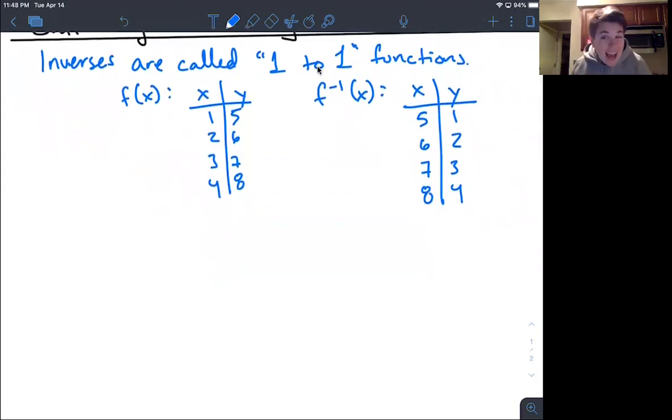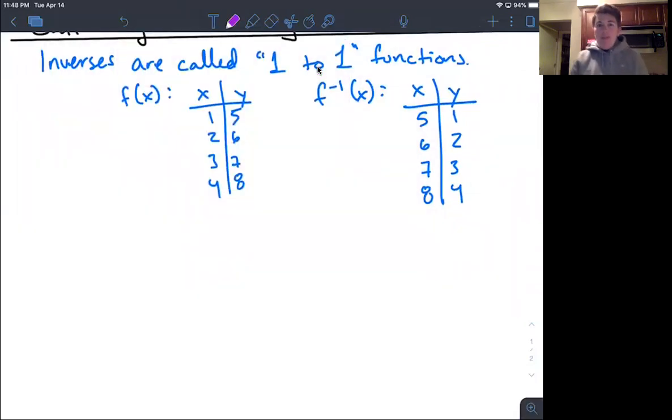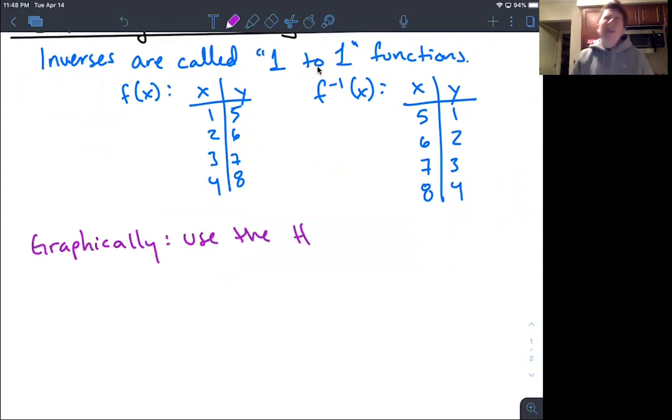On a graph, do y'all remember how you find out if a function is one-to-one, like if you can make an inverse function from it? I'm going to tell you if you don't remember. You're going to say, oh yeah, we use the horizontal line test.